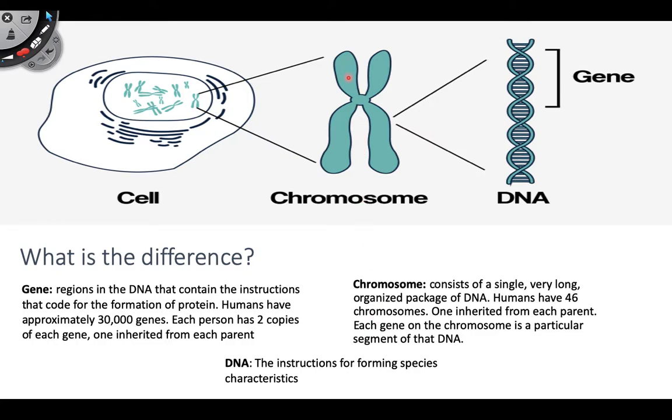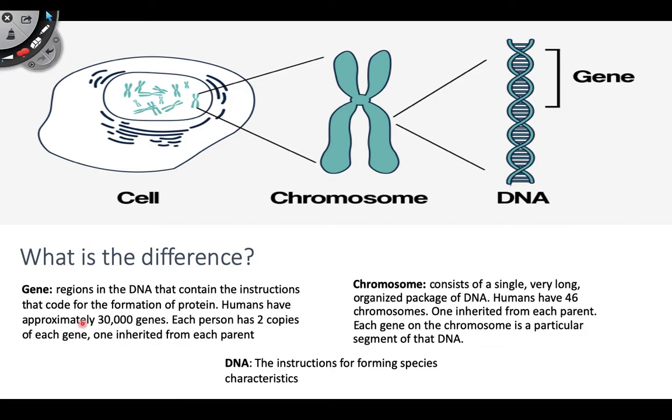And then if we look at particular pieces within the chromosome, we know that these are known as genes, right? So each gene on the chromosome is a particular segment of that DNA. Okay. So let's define a gene. A gene is a region in the DNA that contains the instructions that code for the formation of protein.